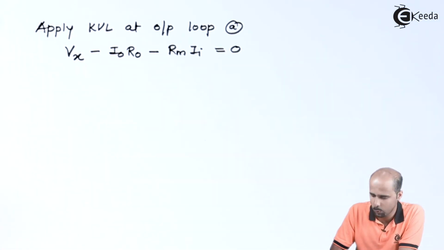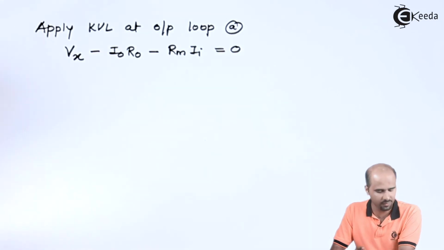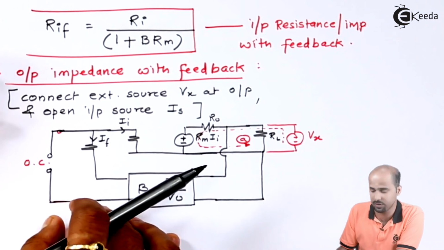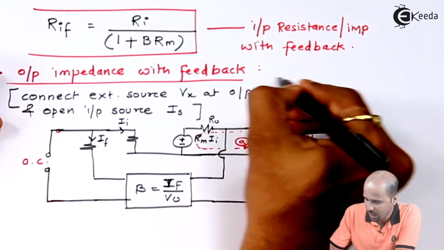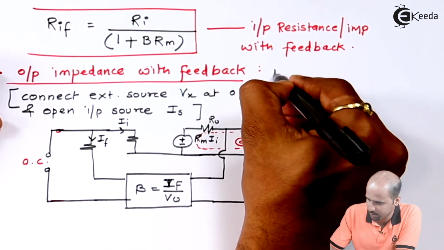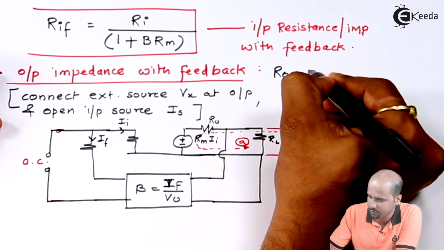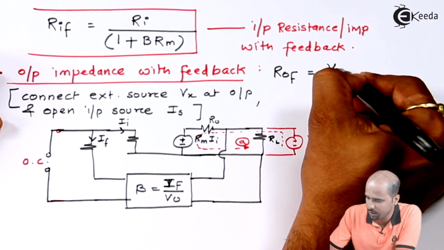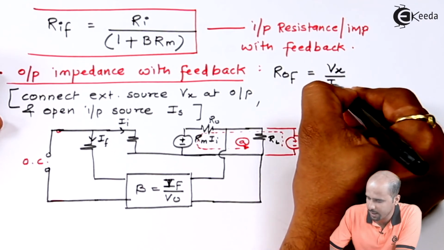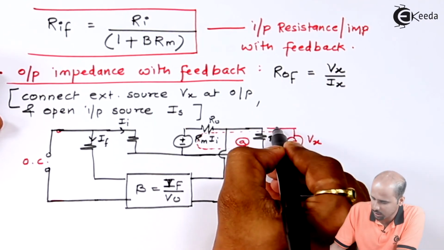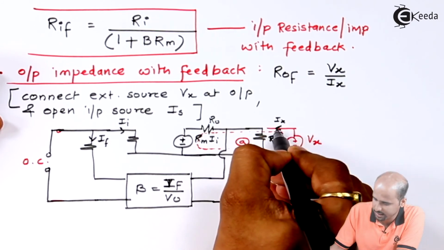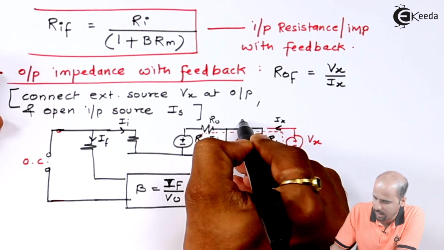This is how we get the equation for KVL. Keep in mind what we have to calculate: the output impedance with feedback. Output impedance with feedback is ROF, which will become Vx divided by Ix, where the current flowing through this is Ix, and that is nearly equal to this IO.